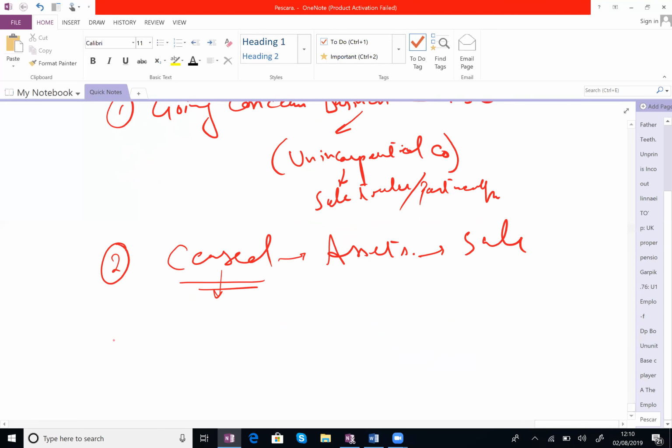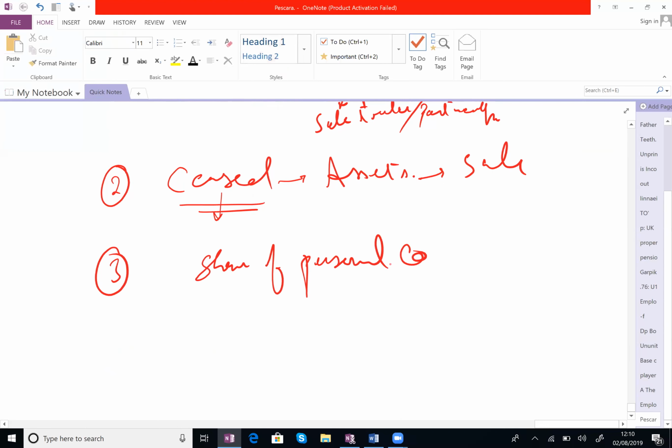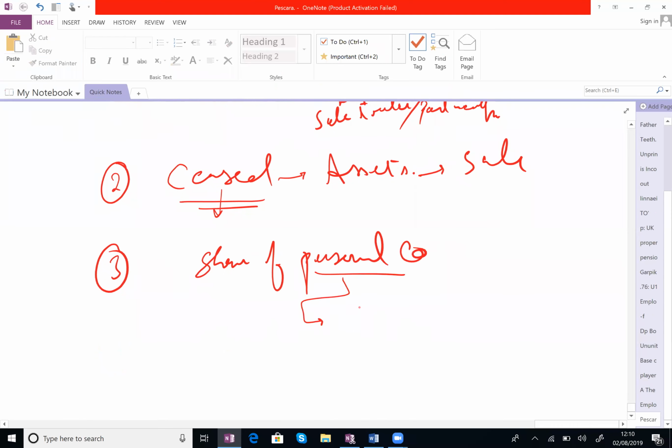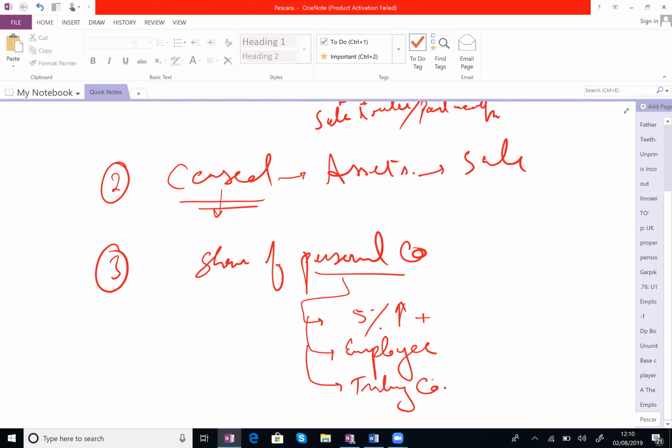And the third situation, when you sell the shares of a personal company. A personal company means the company in which you have 5% plus shareholding and you are also an employee in that company, and the company is a trading company. Trading means a manufacturing company, not an investment company. Trading means a company just like Coca-Cola.